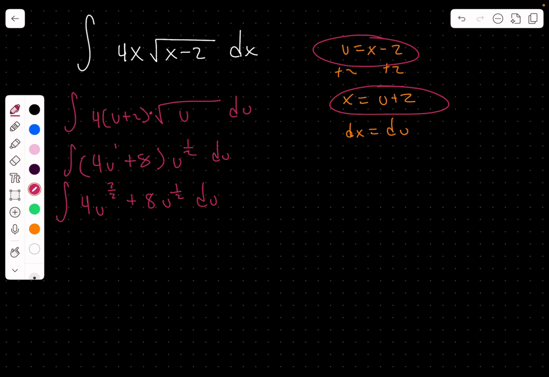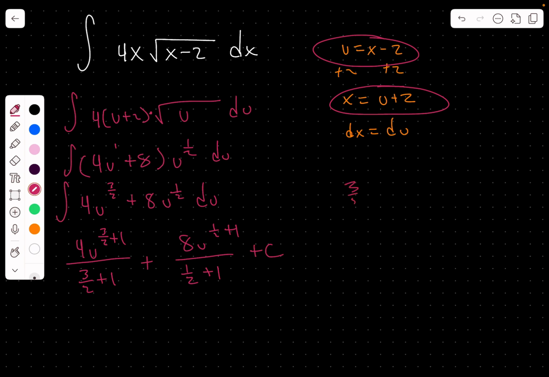Now, everything is in proper form, everything's been simplified, and we can find the antiderivative. We get 4u to the 3/2 plus 1, over 3/2 plus 1, plus 8u to the 1/2 plus 1, over 1/2 plus 1, plus c. Now, let's simplify this a little bit.